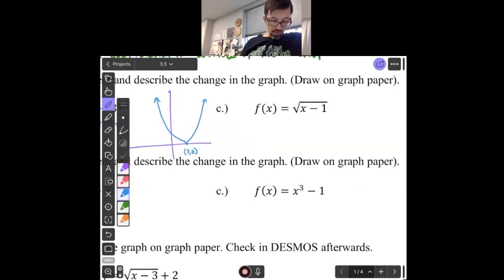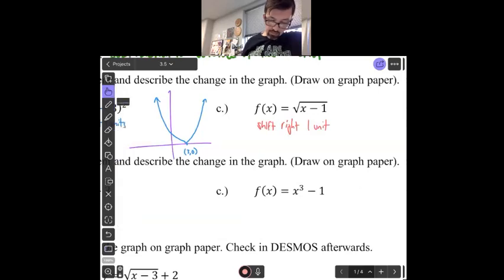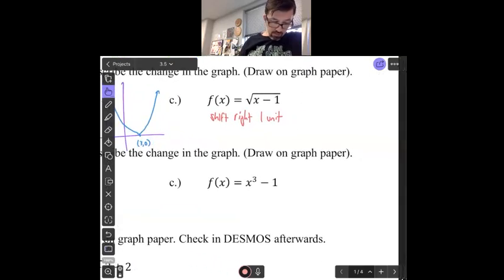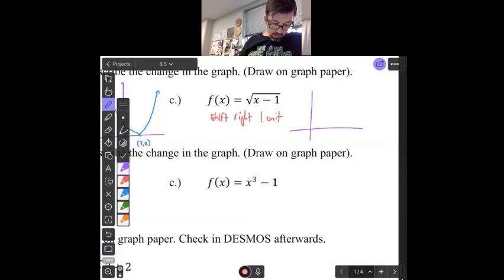And then this one we saw was a shift right 1 unit. And so that one should have started at 0, 0, but instead it started at 1, 0.